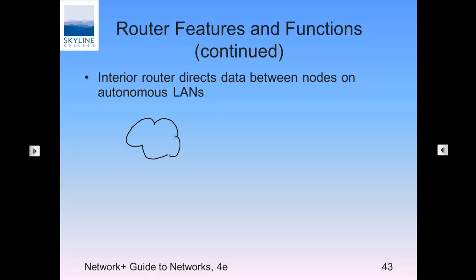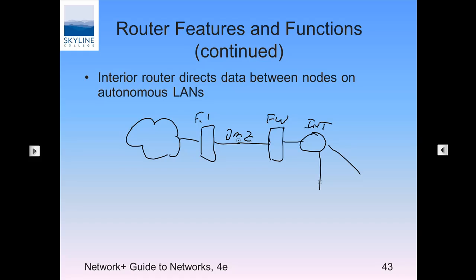The internet is going to come into a filter router, to a DMZ, to a firewall, and then it's going to go to the internal router, which you saw in the NOC the other day, which is a layer 3 switch, which is the router. And from it, you're going to then route to however many networks you have inside your local area network.